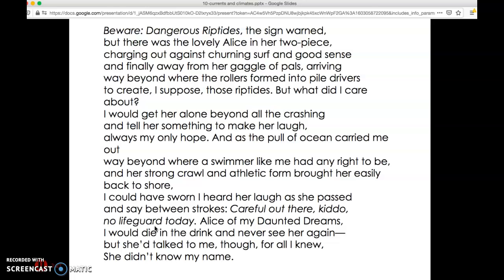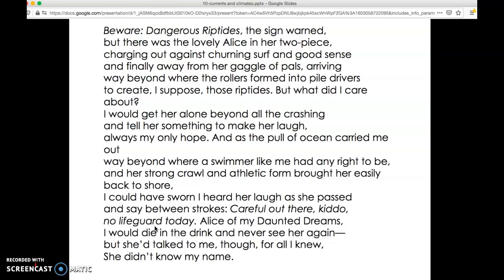And as the pull of the ocean carried me out way beyond where a swimmer like me had any right to be, and her strong crawl and athletic form brought her easily back to shore, I could have sworn I heard her laugh as she passed and say between strokes, "Careful out there, kiddo, no lifeguard today." Alice of my daunted dreams, I would die in the drink and never see her again. But she talked to me, though. For all I knew, she didn't know my name.